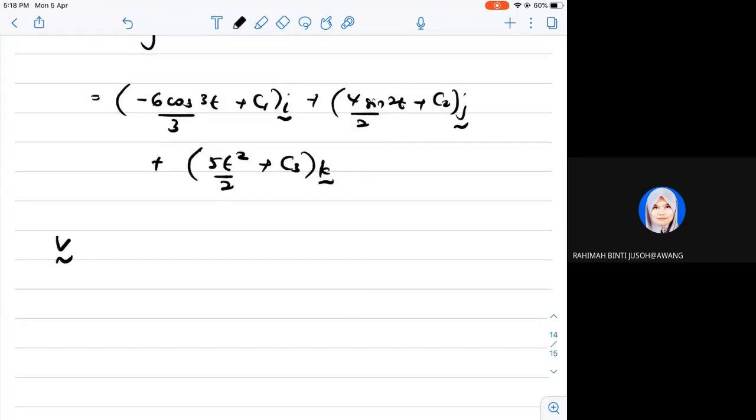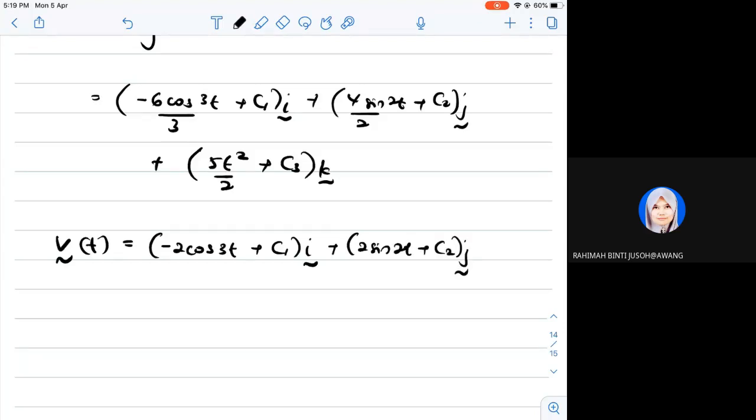So V(t) kita samalah dengan 6 bahagi 3. So you all dapat negative 2 cos 3t plus C1 i, plus 2 sin 2t plus C2 j, and then plus 5 over 2 t squared plus C3 k.